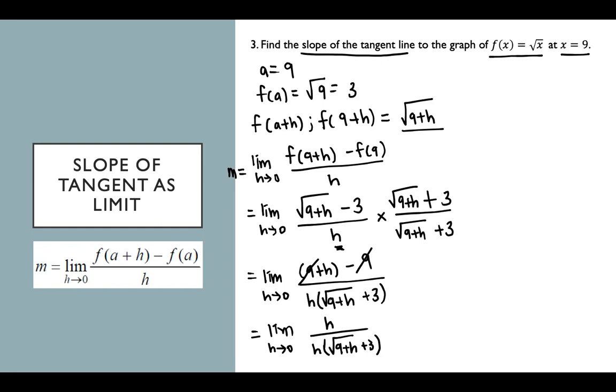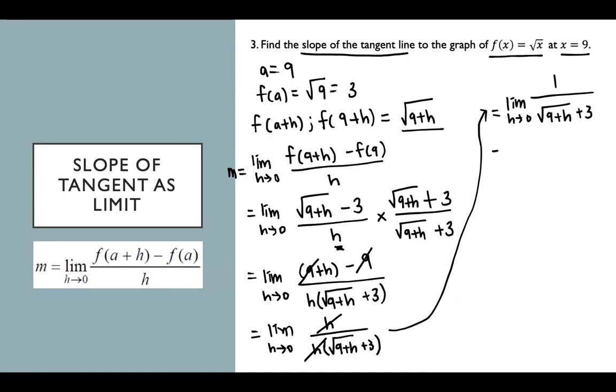Wow, look. So numerator and denominator, now I'm able to finally cancel out the h. So that means I can start plugging 0 into h. So let's simplify this again. Limit h approaches 0. It's going to be 1 over square root of 9 plus h plus 3. So now I'm going to plug in 0 into the equation. So I'm not going to write limit now.